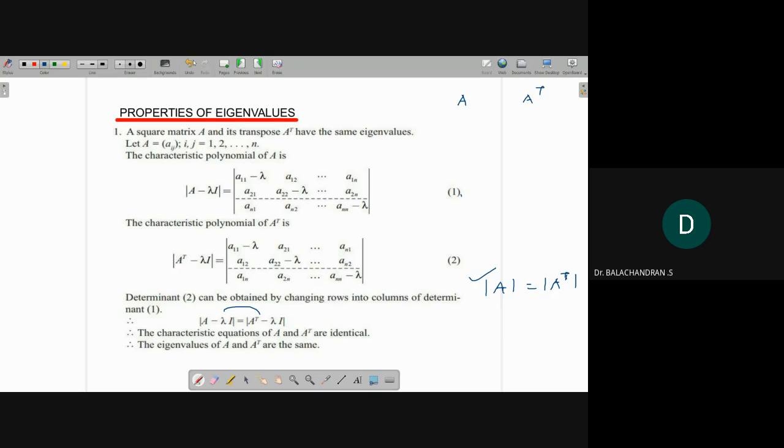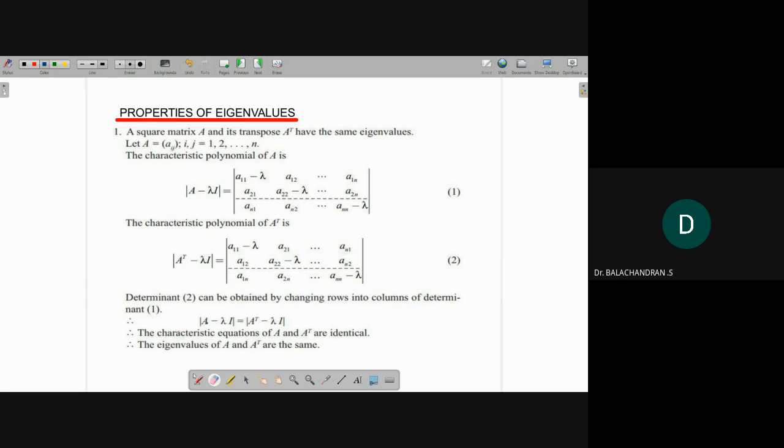Using this property, the determinant of A minus lambda I is the same as the determinant of A transpose minus lambda I. Therefore, the characteristic equations of A and A transpose are identical, so the eigenvalues are the same. That's all. You should know the proof, but we will use it to solve problems.